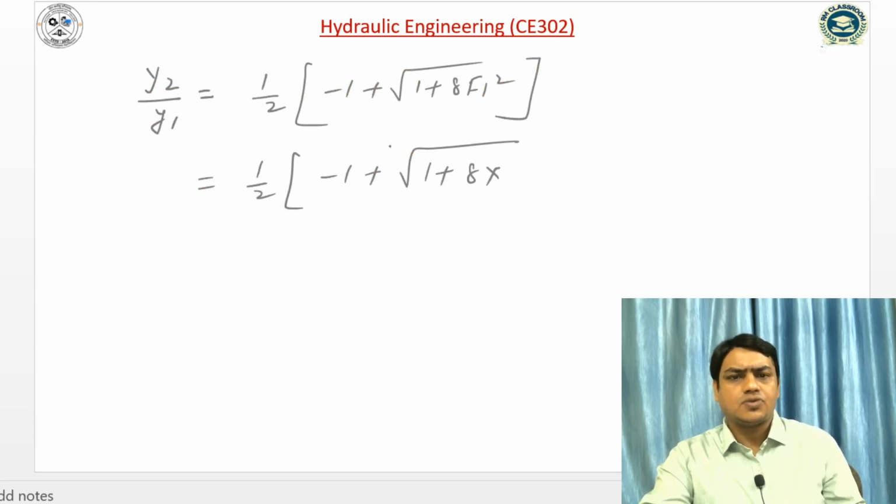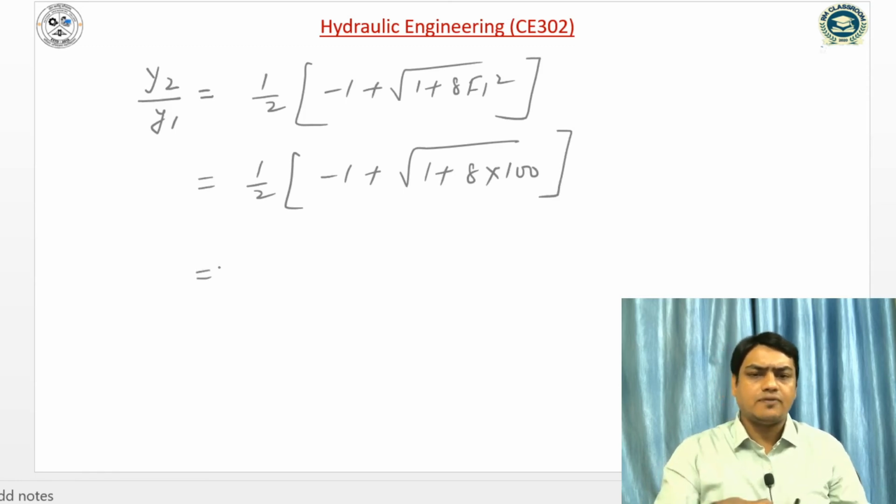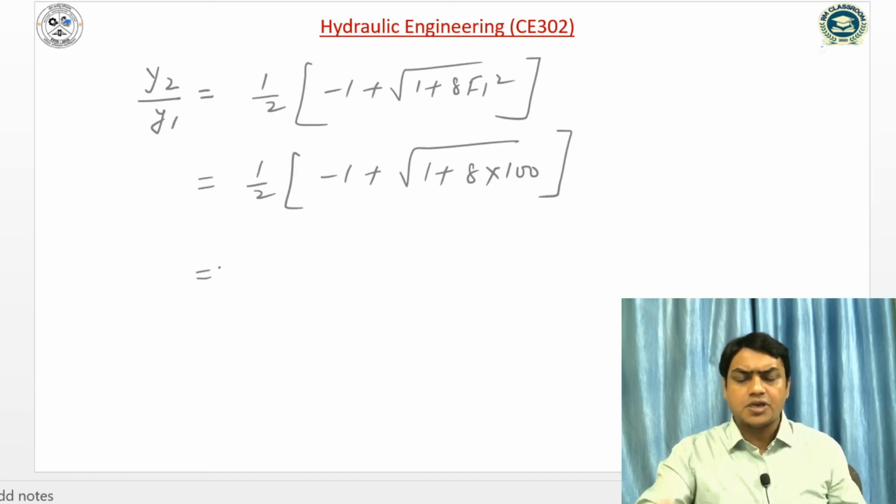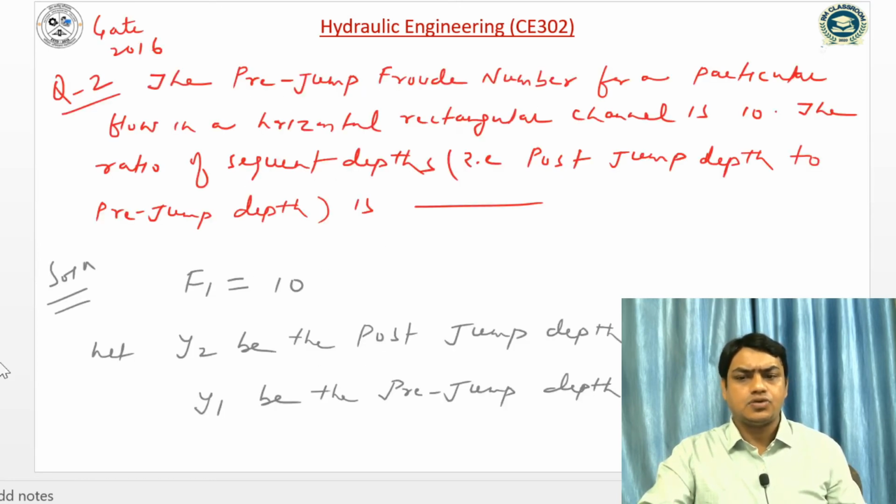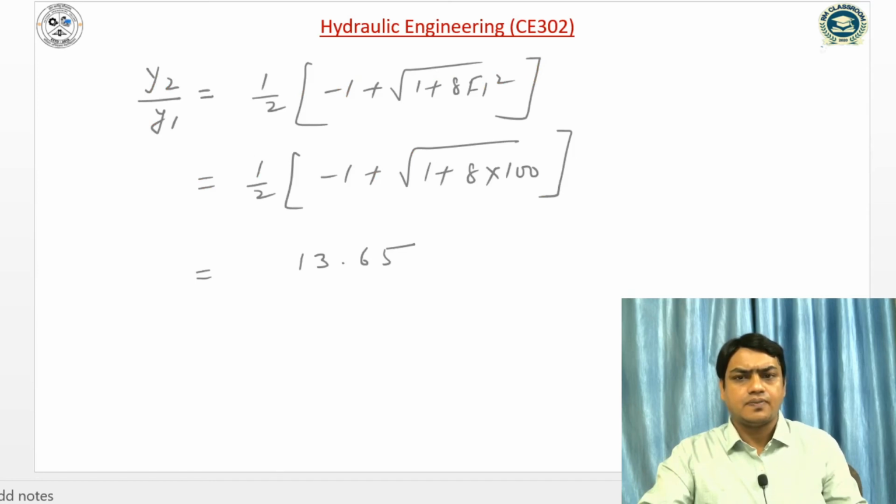So it will be 10 square, so 100. So the value will be 0.5 into minus 1 plus square root of 801. So it will be 13.65. So the ratio will be 13.65.